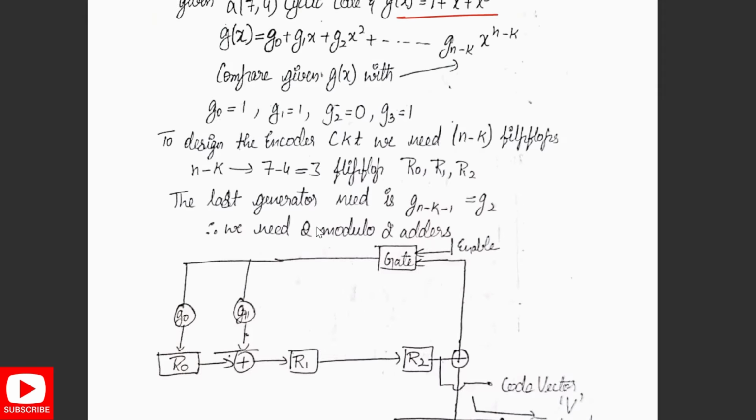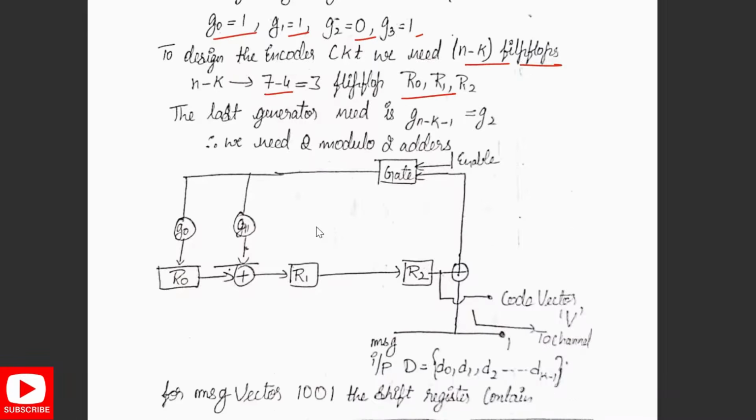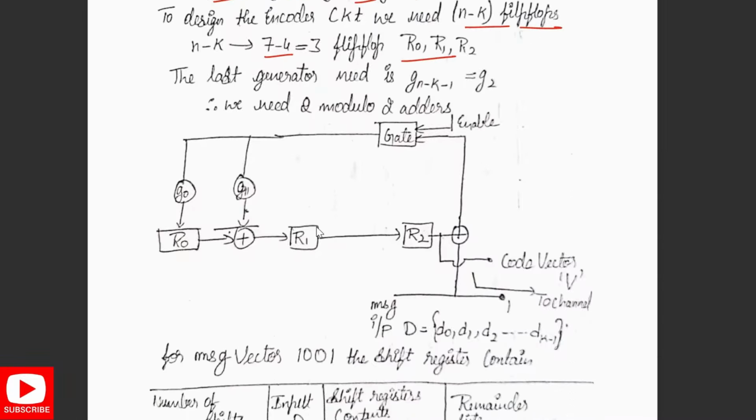G of x is given like this. So based on this comparison, you can write G0 is what? 1. G1 is 1. What is G2? It is 0. And G3 is 1. Now to design the encoder circuit, we need n minus k flip-flops, that is 7 minus 4, so 3 flip-flops. The last generator used is Gn minus 1. Here we need to use the modulo 2 addition. So based on this, we need only G0 and G1.